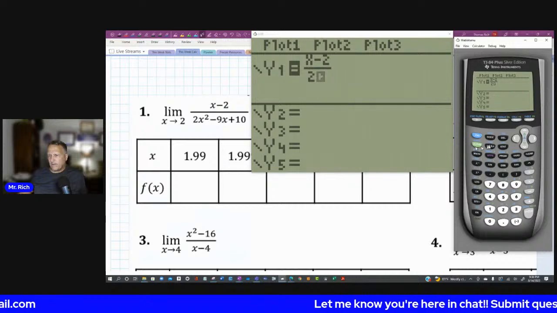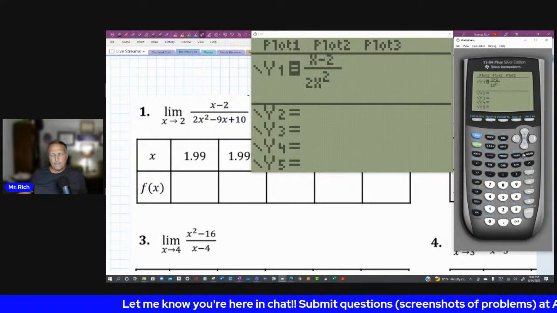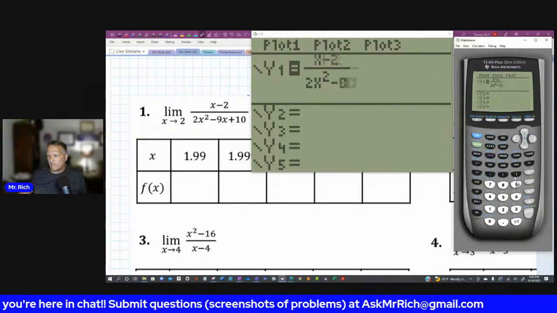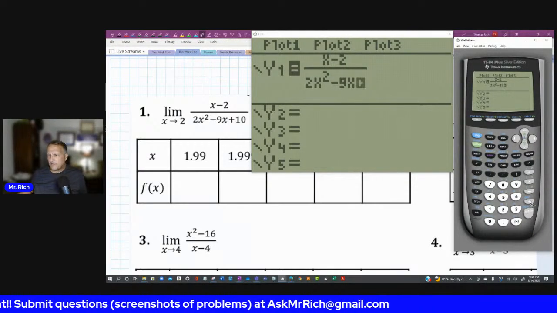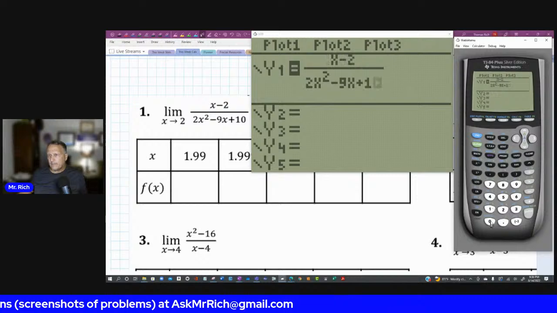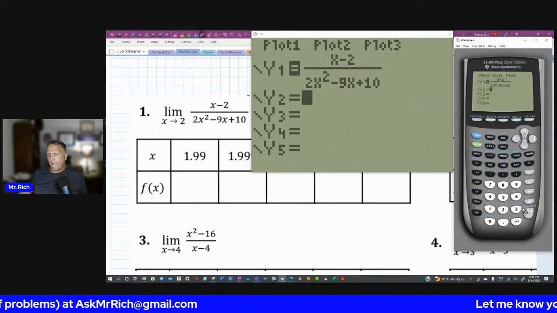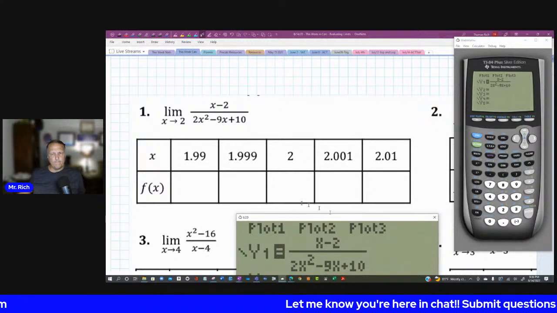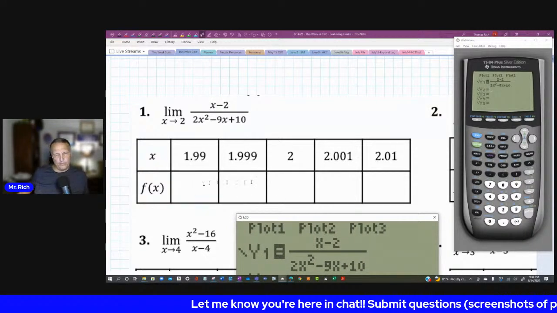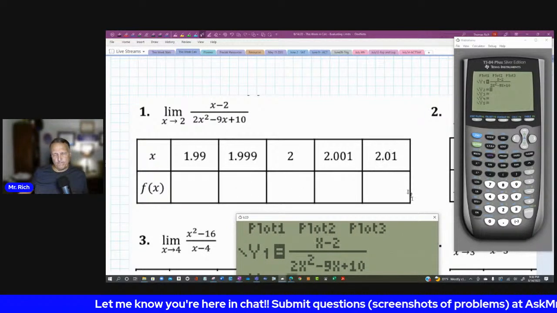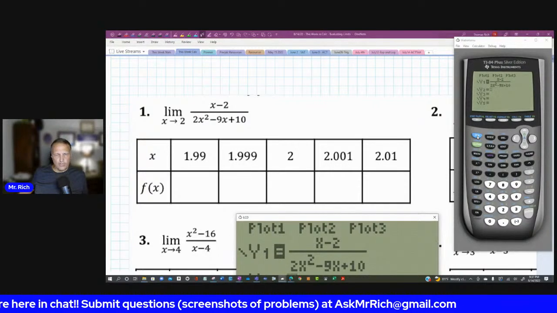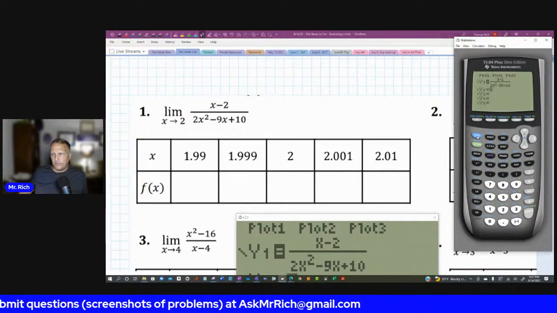Down in the denominator, it is 2x squared minus 9x plus 10. Now, what we're interested in doing is we're wondering what these different values are going to be in the function. So here's what I'm going to do. Now that I've got the function in, I'm double checking to make sure I've got it in there right. I do.